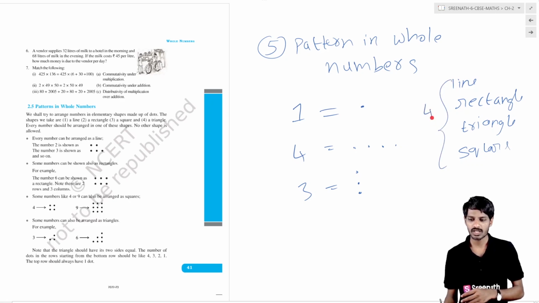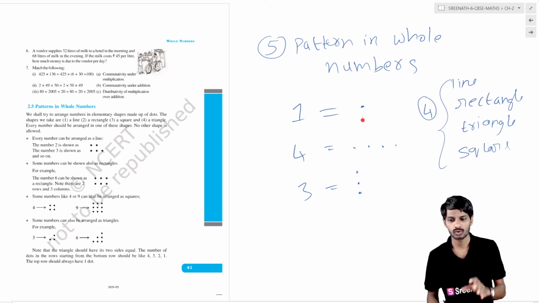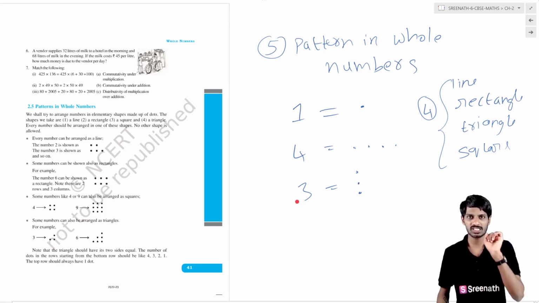Only these 4 shapes are allowed. Other shapes are not allowed. The whole number represents how many dots it has. Suppose it is 3, it has 3 dots. Suppose it is 5, it has 5 dots. Those dots will be arranged in any of the 4 shapes, not other than these shapes.